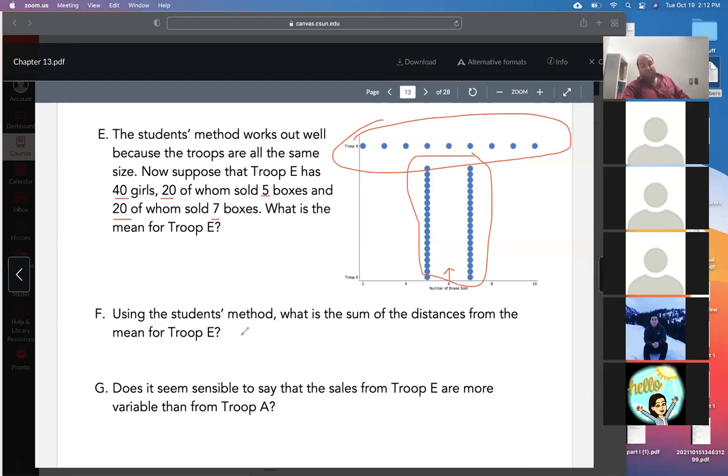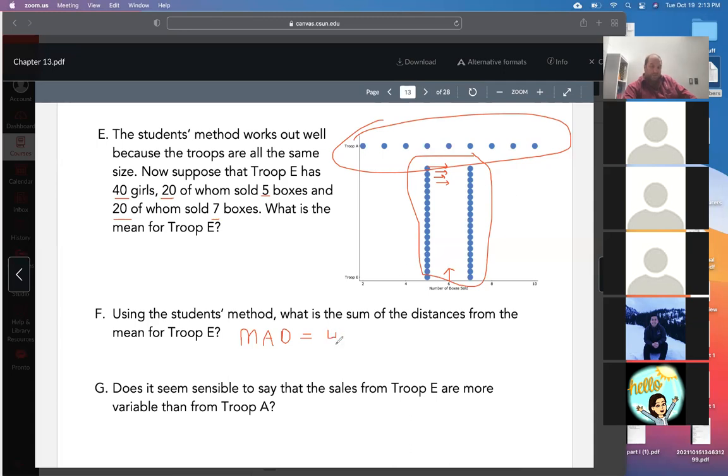But if we calculate the MAD for group E, what do we get? What's the MAD for group E? How far is each data point from the mean? 1. And how many data points are there? 40.